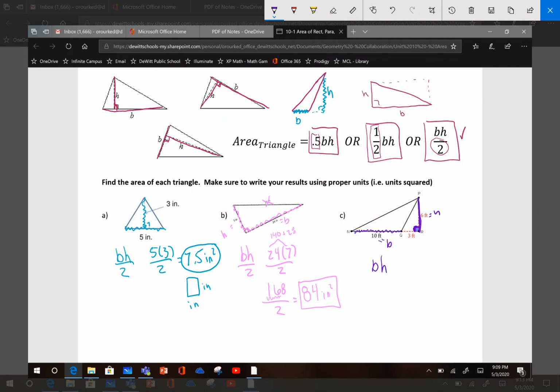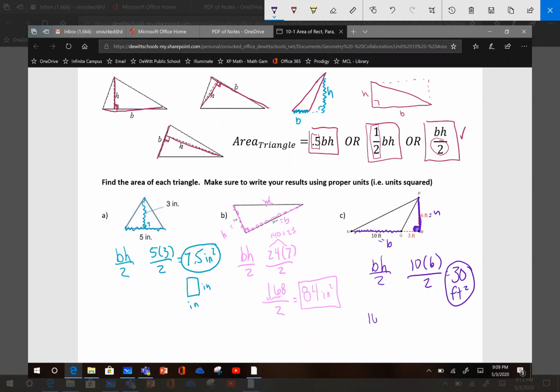So we have the base times the height divided by 2, which would mean 10 times 6 all over 2. 10 times 6 is 60. 60 divided by 2 gives us 30 feet squared.